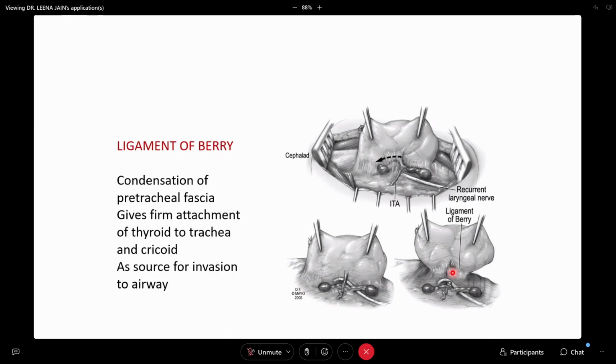So we have to be careful when you are dissecting around the ligament of Berry. It could be a protective thing also, and it could be a source of invasion into the airway. When there is a poorly differentiated thyroid malignancy, it will enter into the airway through the ligament of Berry.